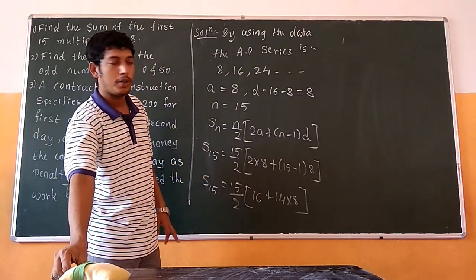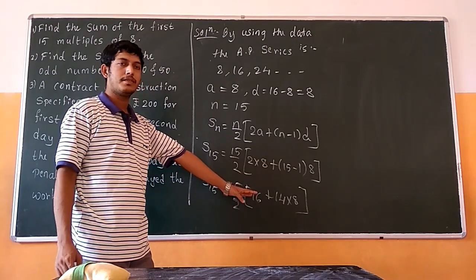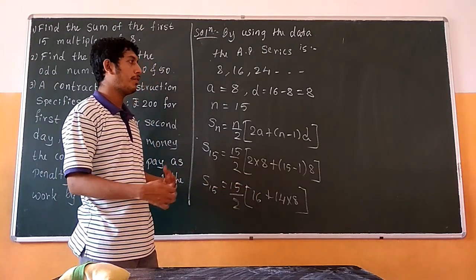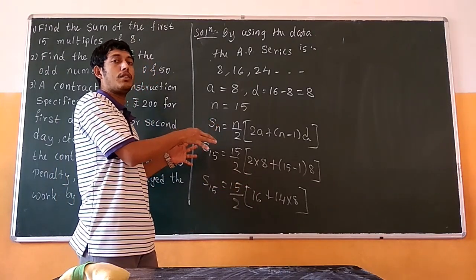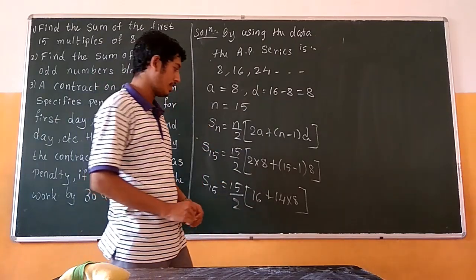Here we have to use the BODMAS method. First we have to do the multiplication, then the addition. Before that, we have to do the calculation of the terms which are present inside the bracket.